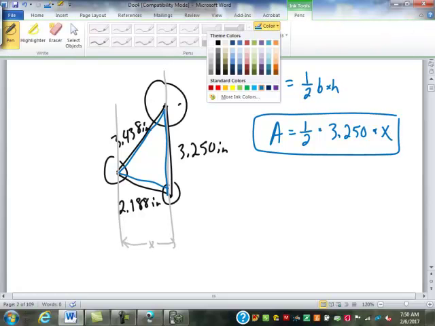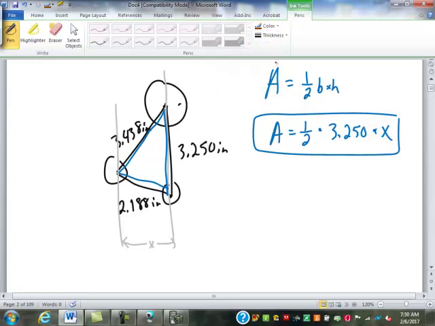Well, what's a different way we know of to find the area of a triangle? It's only if it's a right triangle does that work. We don't know if there's any right angles there. In fact, we're assuming x is forming a right angle. Looking familiar yet?